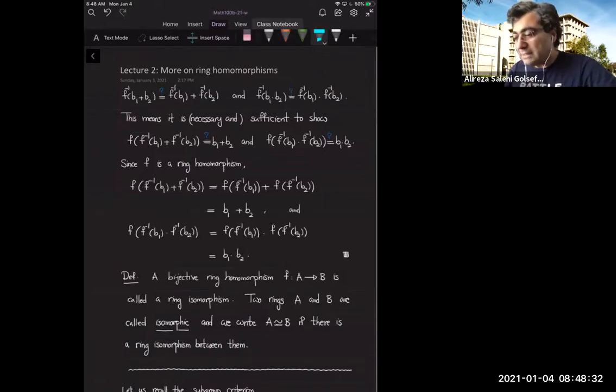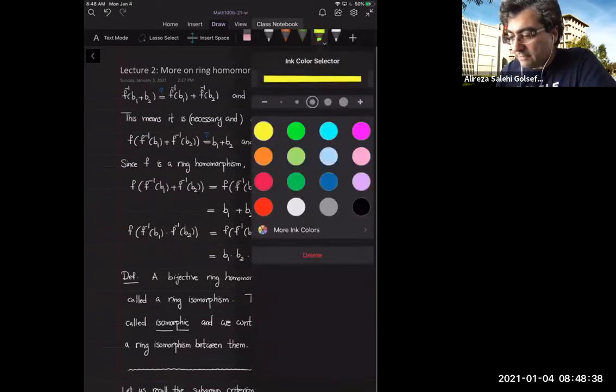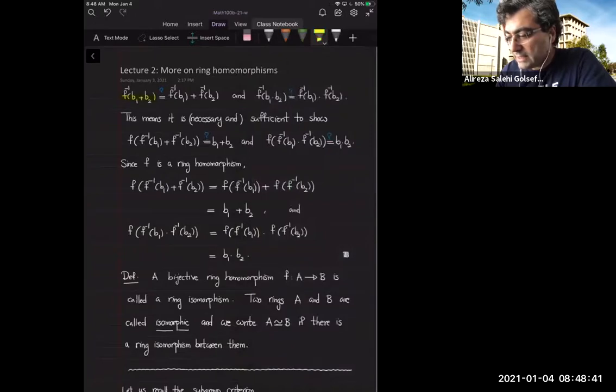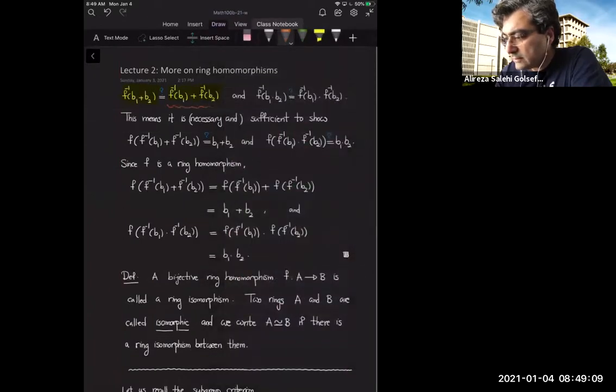Okay, but what does it mean that F inverse of b1 plus b2 is the same as F inverse of b1 plus F inverse of b2? You see, this is an element inside A, and if our claim is that this is precisely F inverse of b1 plus F inverse of b2, that means we need to show that when we apply F to this element, we are going to get b1 plus b2.